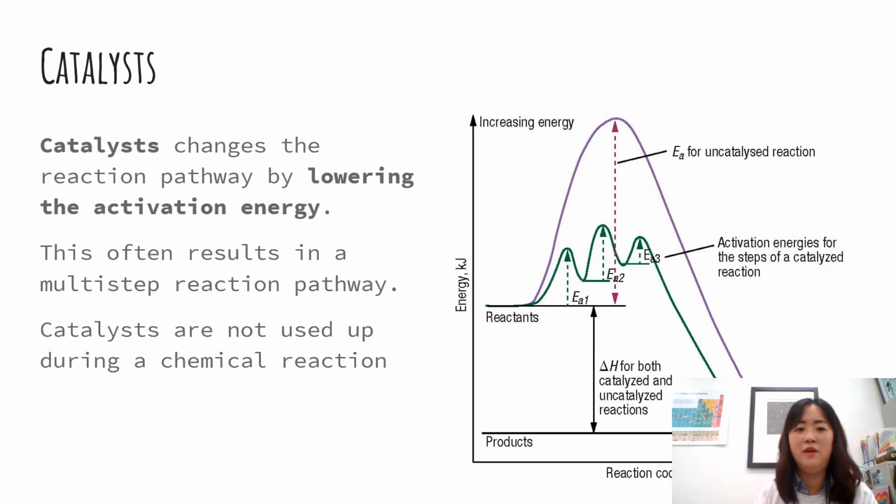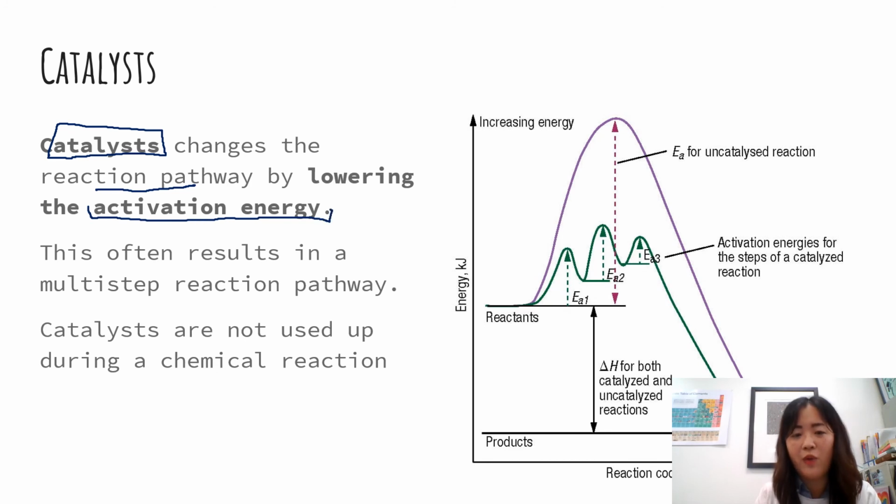Catalysts, we'll be looking at in more detail on Monday, but one thing catalysts can do is change the pathway by lowering the activation energy requirement for the reactants to turn into products. You have an example here of reactants turning into products, which are way over on the other side.